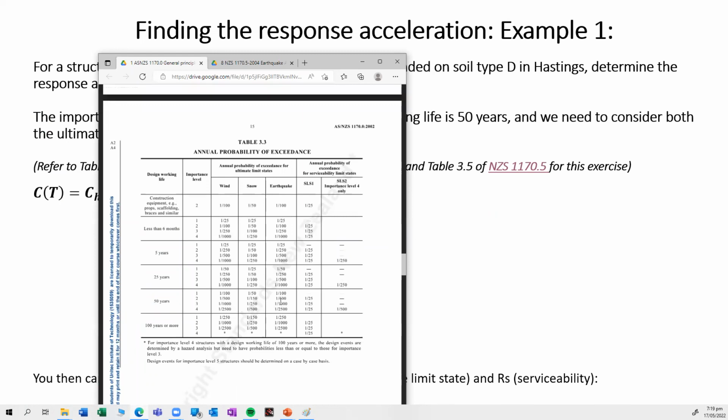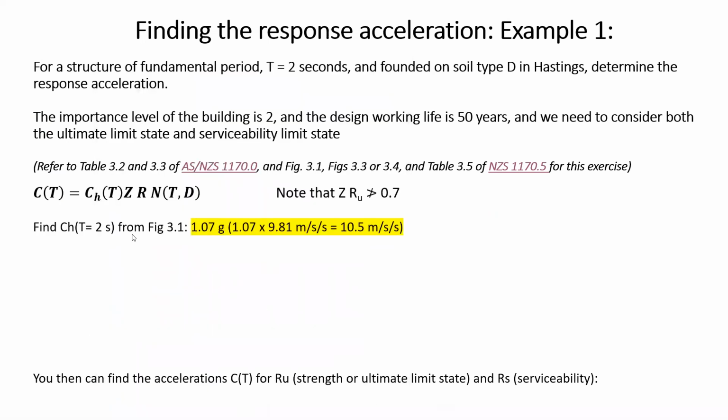So we've got a 500-year earthquake, which is pretty much the same as wind. And serviceability, we've got 25 years, which is again the same as for wind. So that's quite straightforward. Now, we find CHT from figure 3.1.